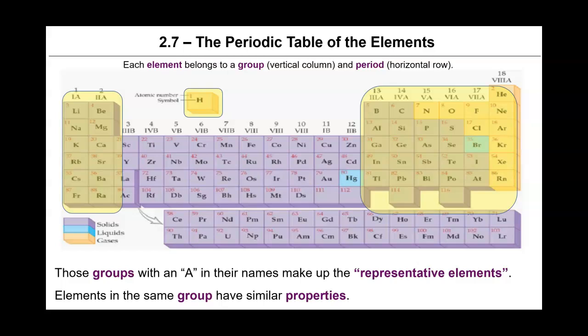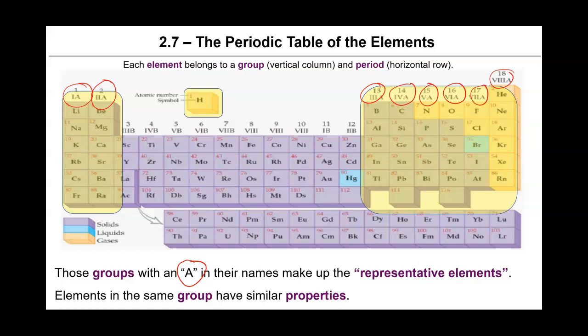So in the periodic table, every element is assigned to a row, or what's called a period, and most of the elements are also assigned to a column, or what we call a group. Those groups that have A's in their names, and there's 8 of those, are referred to as the representative elements, and they're the ones that we're going to mostly focus on in this class.